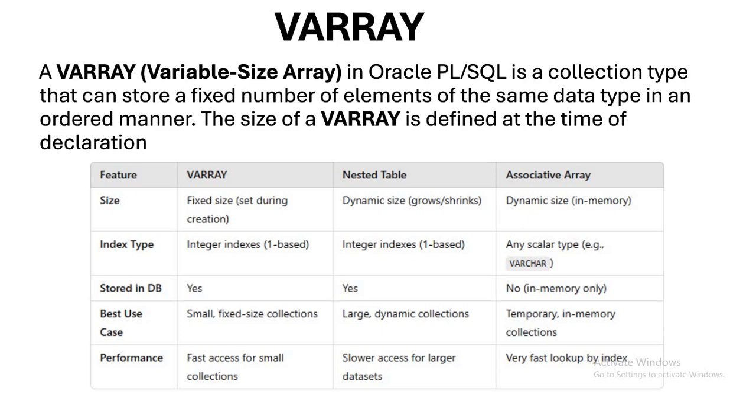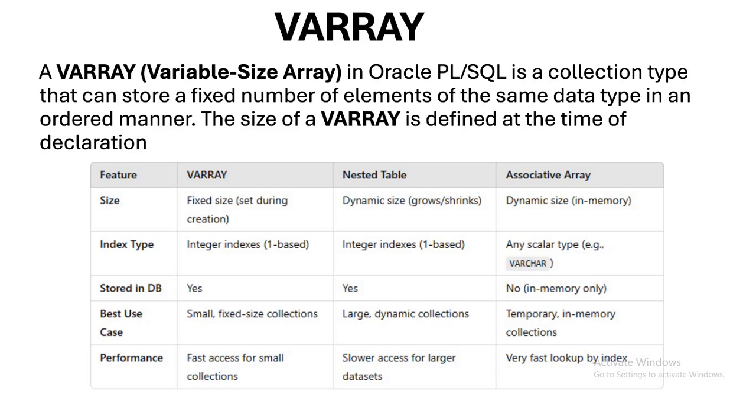Varray and nested table can be stored in the database, whereas it is not possible in the case of associative array. The best use case for Varray is small and fixed size collections. Nested table is for large and dynamic collections, whereas associative array is a temporary in-memory collection.